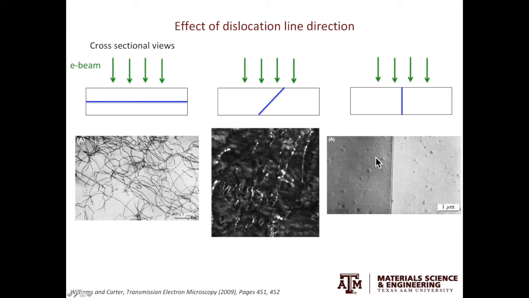In TEM, since we are looking at 2D projections of 3D objects, in this orientation those lines will appear to be dots. This is also the orientation in which you can do high-res TEM or high-res STEM to resolve the atomic structure of dislocation cores, especially for edge dislocations.